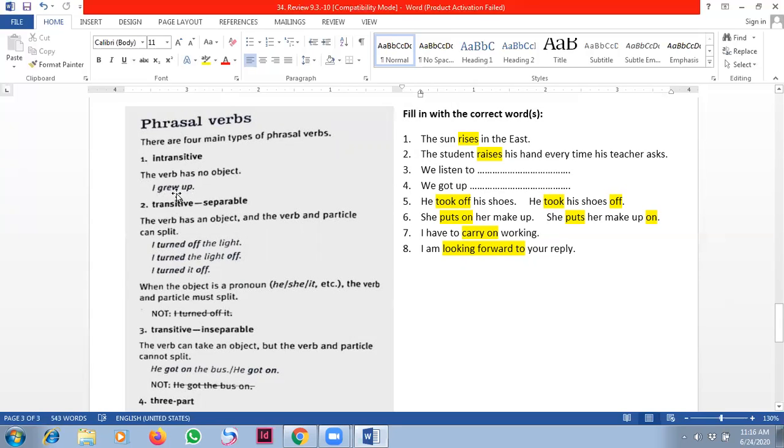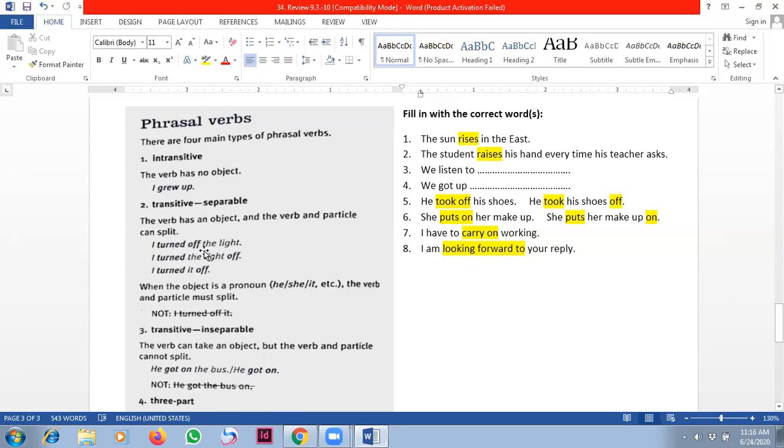For example, I grew some tomatoes, then the tomatoes here is the object. But if you don't have anything here, it means it is intransitive. It does not need an object. Transitive means it needs an object.